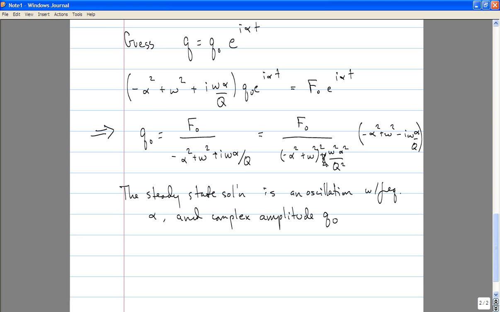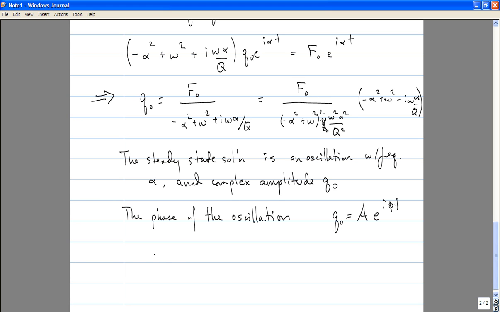So, for example, for the phase of the oscillation, we just write Q naught is A times e to the i phi t. And then phi is given by the inverse tangent of the imaginary part of Q naught over the real part of Q naught.